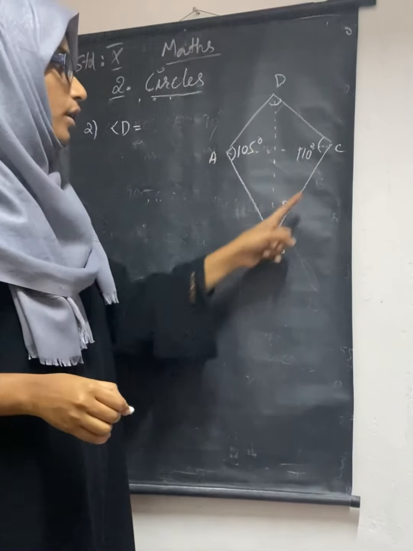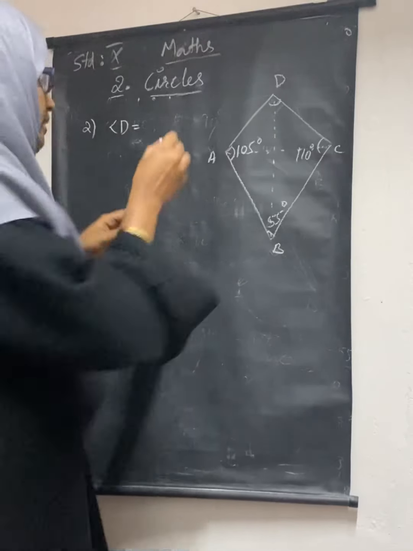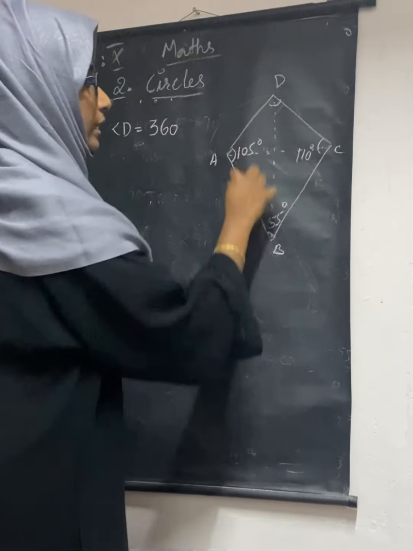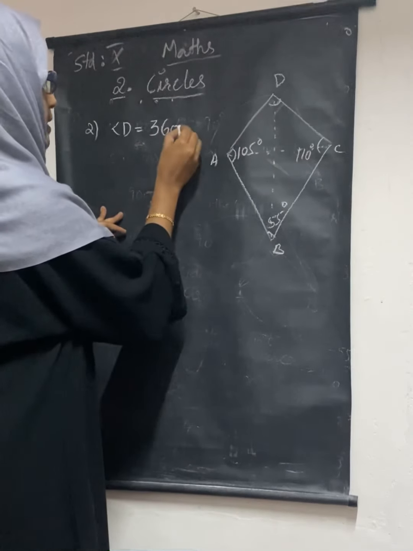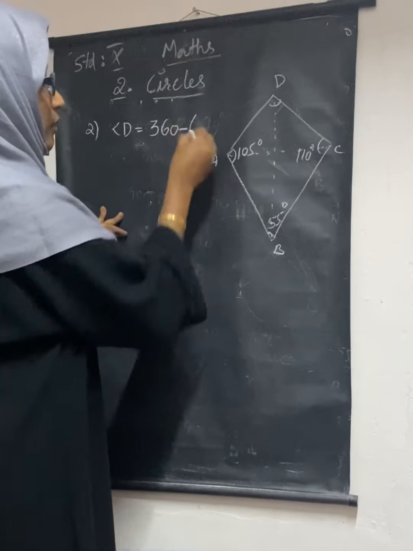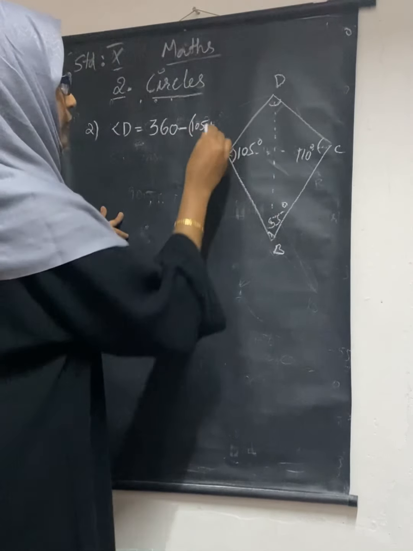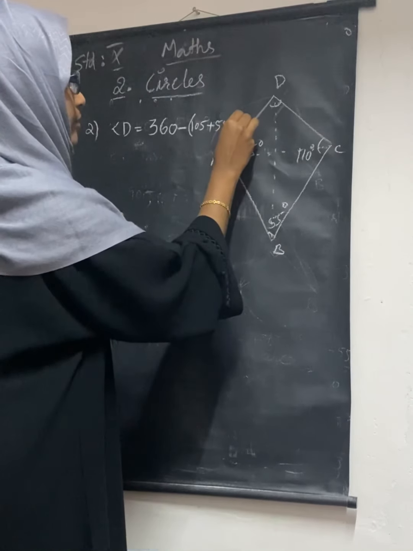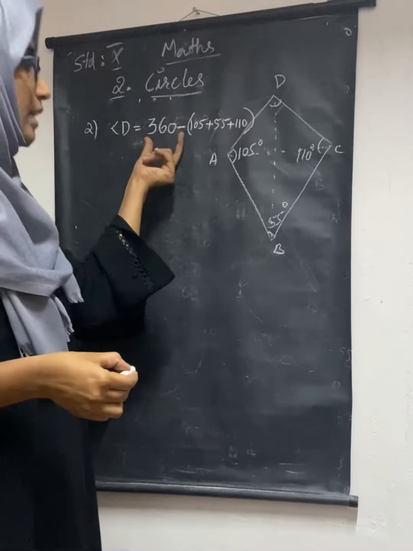You know that it is a quadrilateral. Sum of the angles of any quadrilateral is how much? It is 360. So we subtract the sum of these three angles from 360. So 360 minus (105 plus 55 plus 110). Why?